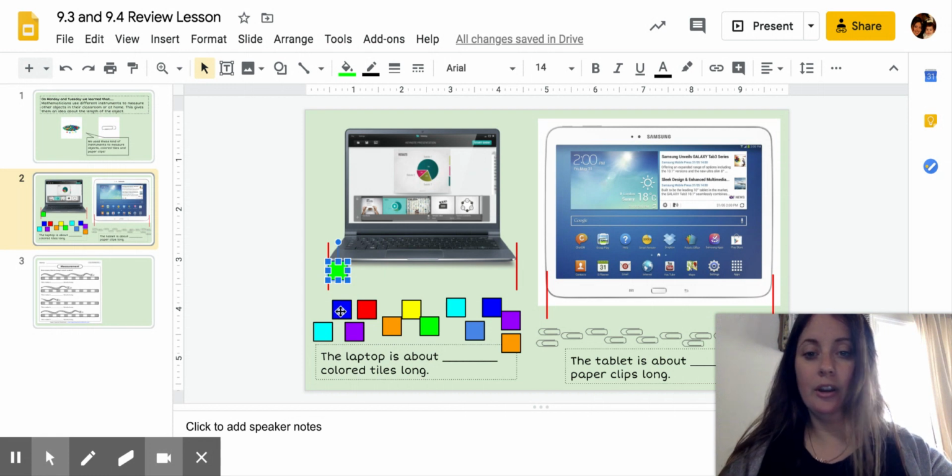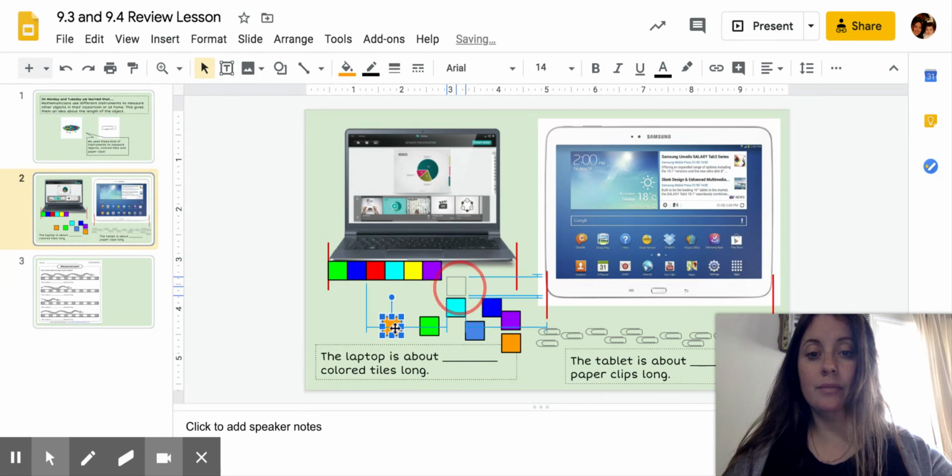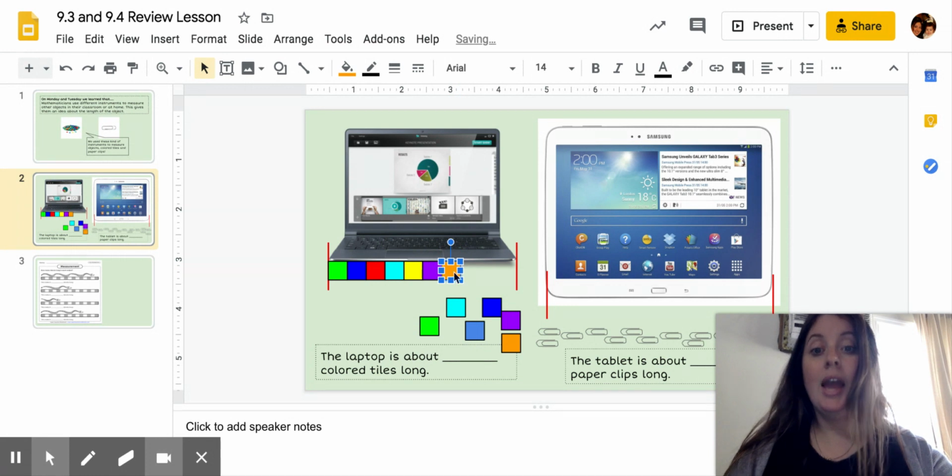So here I go. 1, 2, 3, 4, 5, 6, 7, and notice I'm counting as I'm laying down the tiles so that I remember how many colored tiles I'm using.